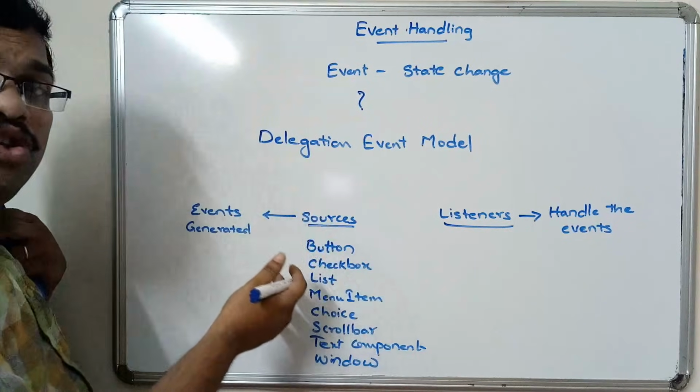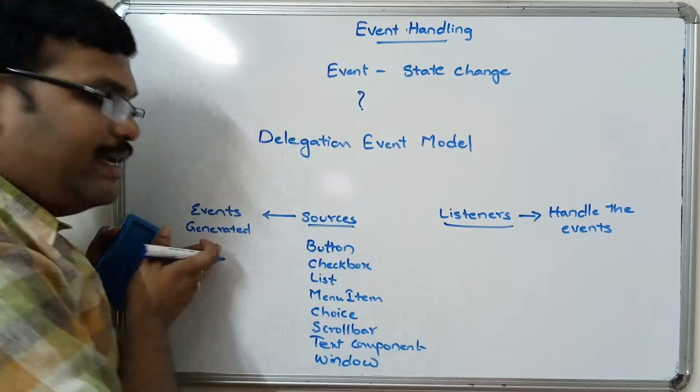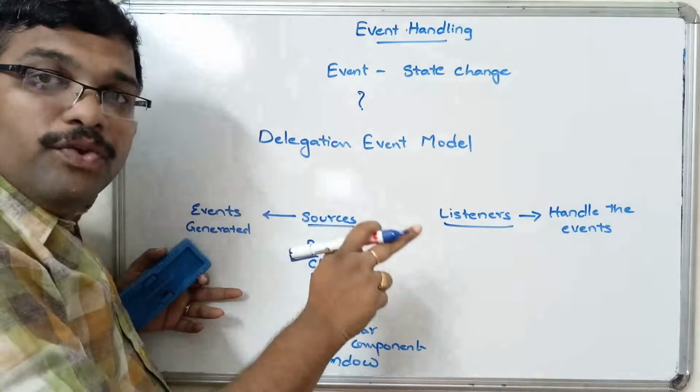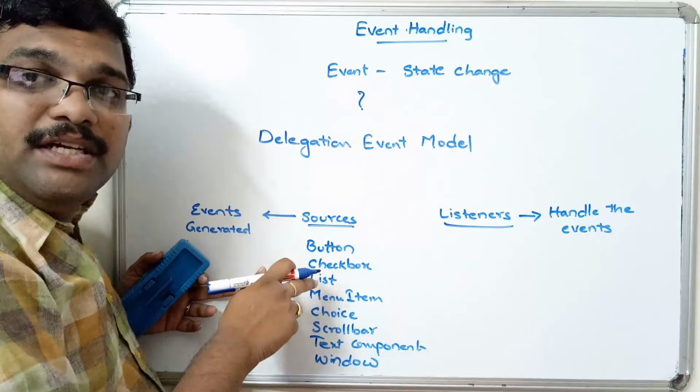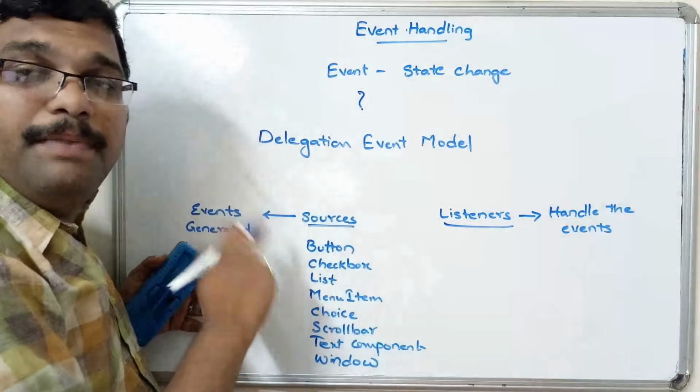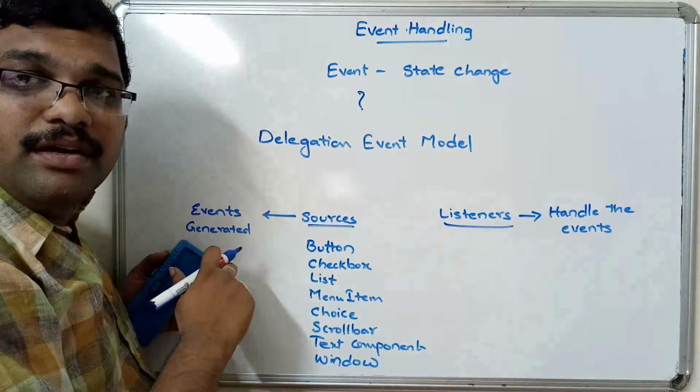So these are some sources which generate the events. So button, if you click that button, event will be generated. If you press that button, event will be generated, right?